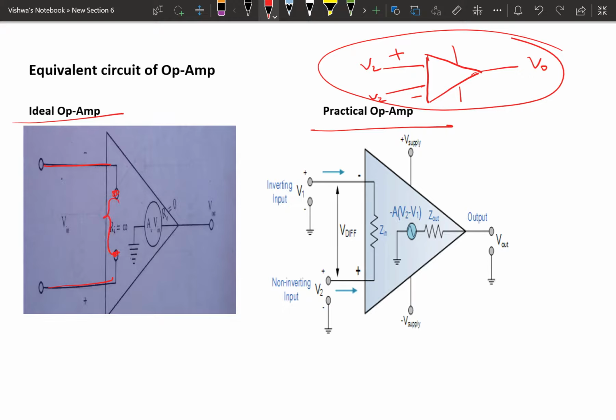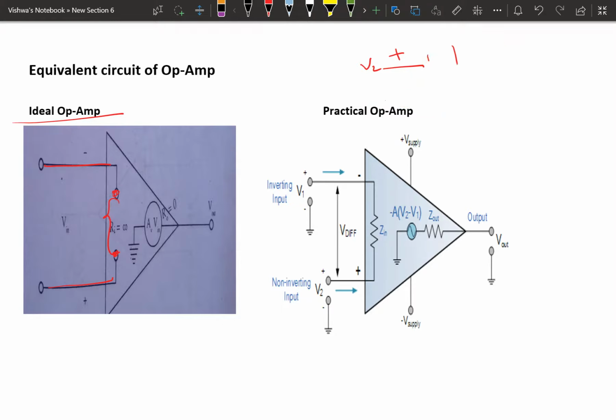But in the practical case it is different. In the practical case we cannot create infinite resistance, but there is a high resistance. So for that we are representing it by a resistor here. In the ideal case there is no such resistor, which indicates infinite resistance.